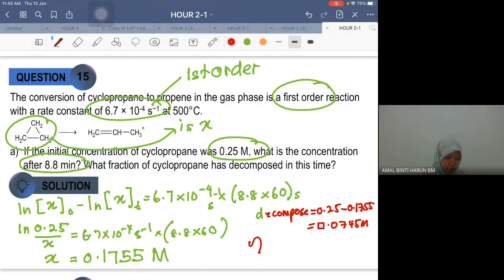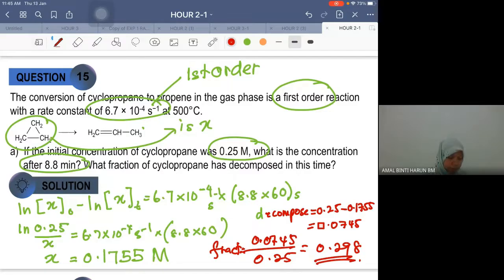Okay, so percentage dia fraction 0.0745 divide by 0.25 initial, 0.298 yang decompose. Betul tak? Cek jawapan masing-masing.